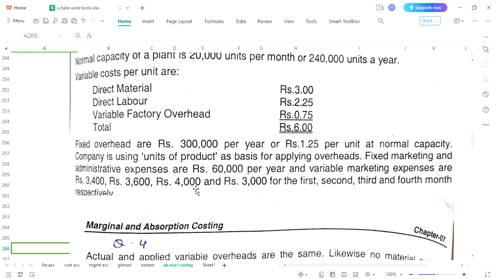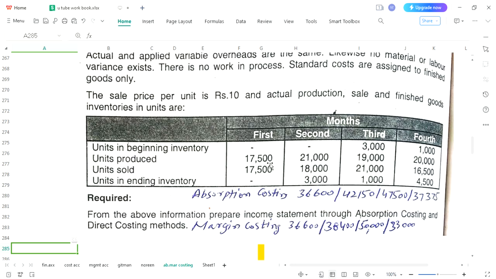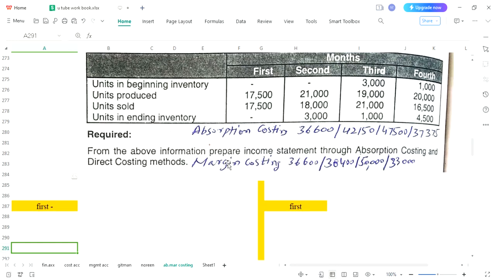So we will have to establish a proforma where everything would be synchronized. Either you can choose month or you can choose year. So obviously, when units are given per month, data related to this question would be arranged in terms of month. So let's start. We will be starting with absorption costing.